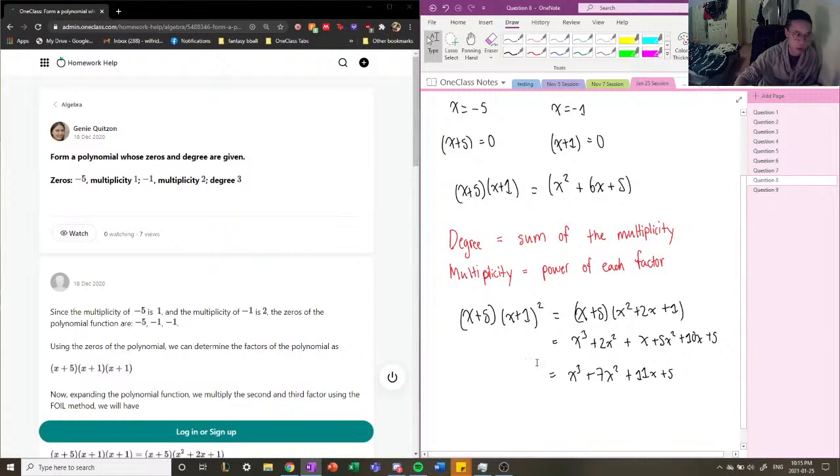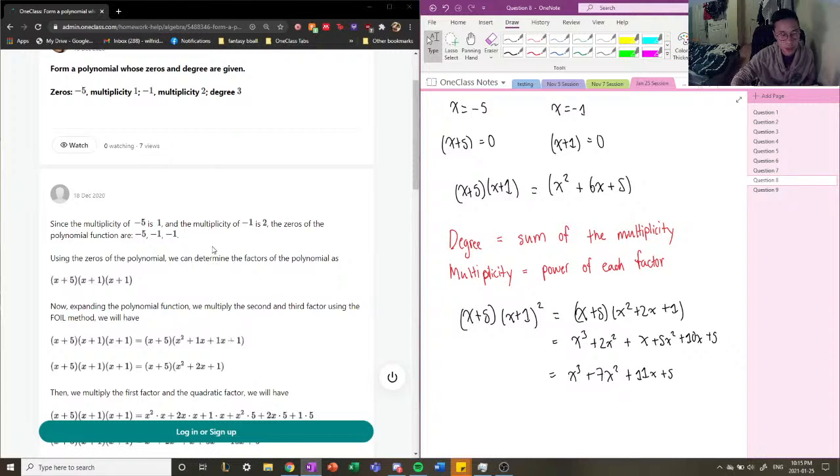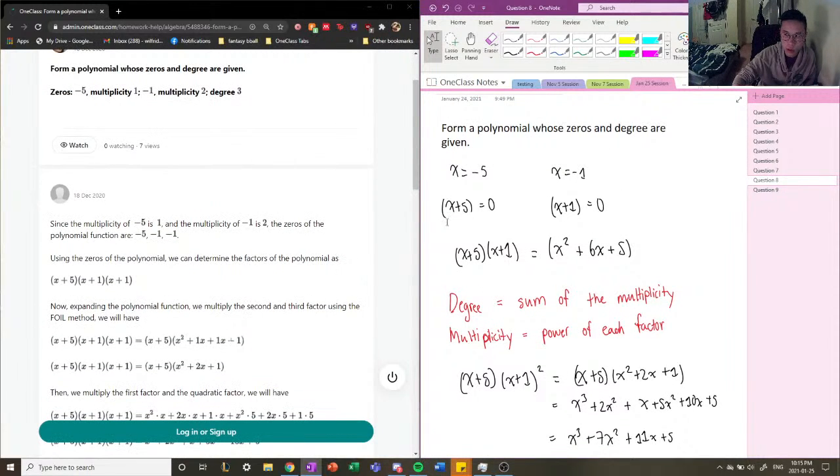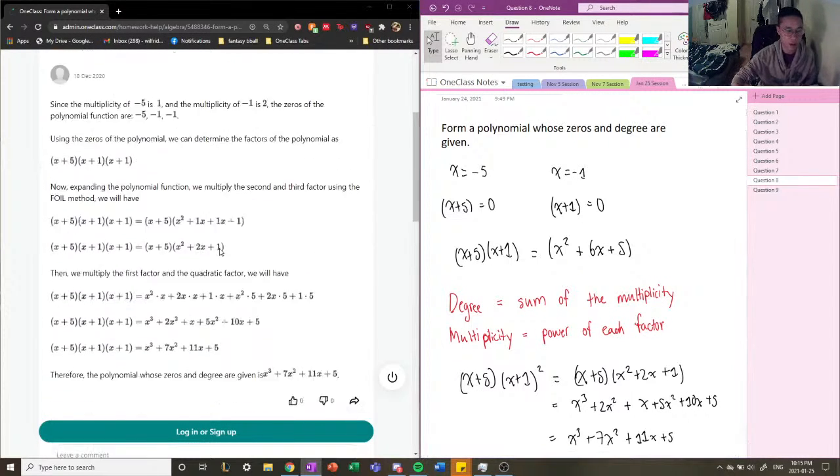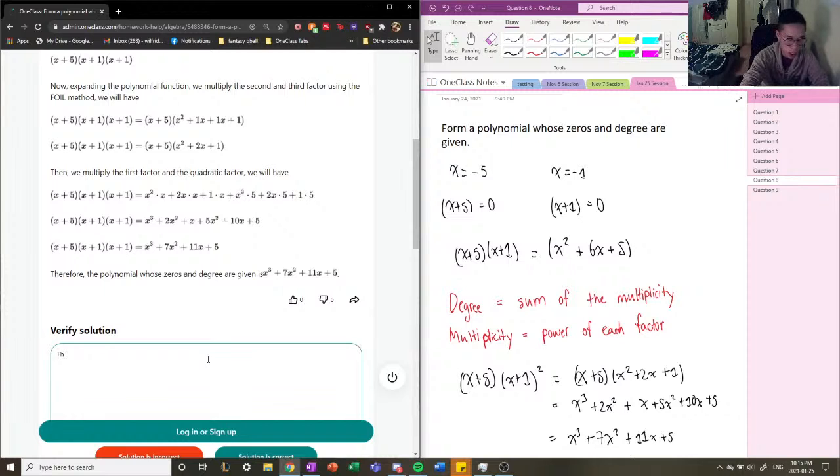And that is our polynomial given the multiplicity, degree and zeros. Always make sure that your multiplicities add up to the desired degree of your polynomial. If they do, that's one of the indicators that you have the correct polynomial. Other than that, the solution is correct.